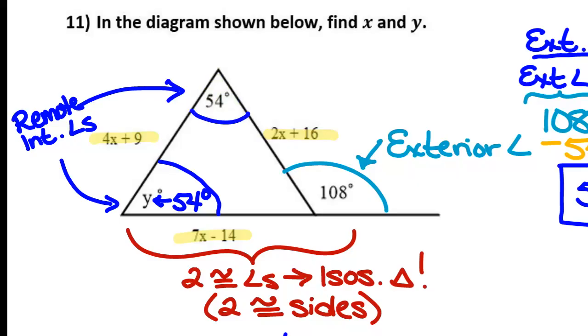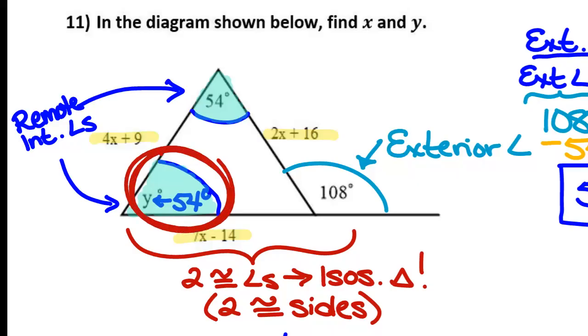How do we find the two sides that are congruent? The two sides that are congruent are the ones that are opposite the two angles that are congruent.